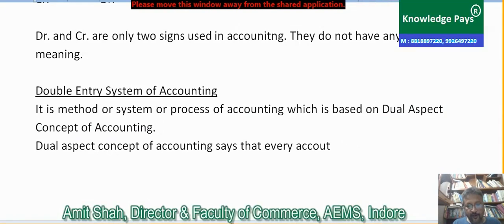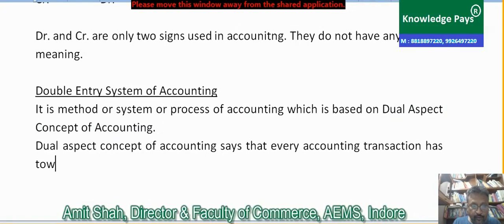So dual aspect concept of accounting says that every accounting transaction has two aspects, that is two sides.